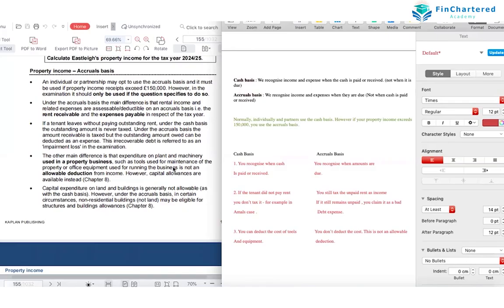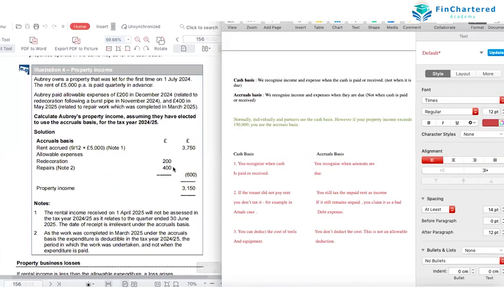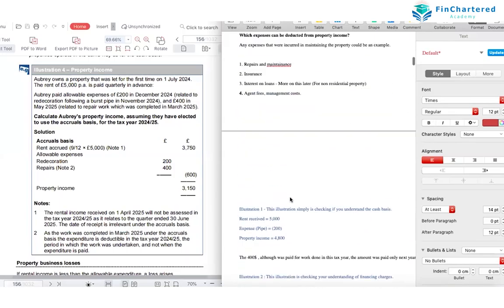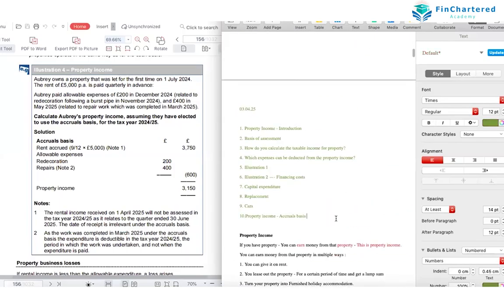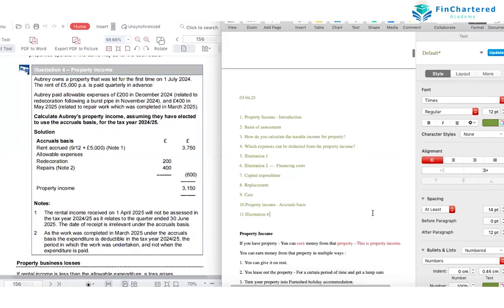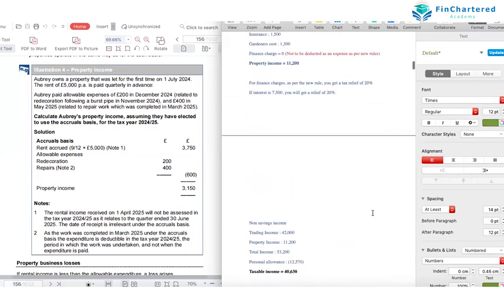Okay. Now we will look at illustration 4 with the knowledge that we received just now. So we're moving to this illustration of Aubrey. Again, you don't need to look at the answer, I will explain it to you. In illustration 4, what is happening?